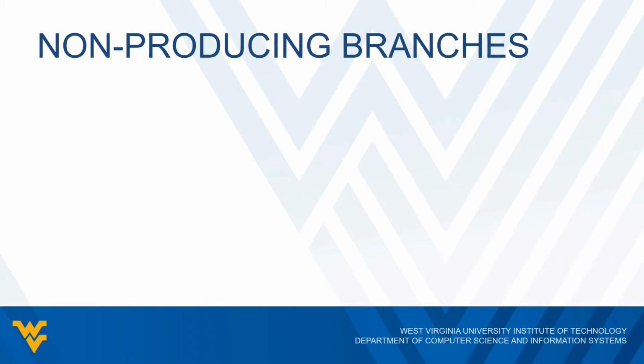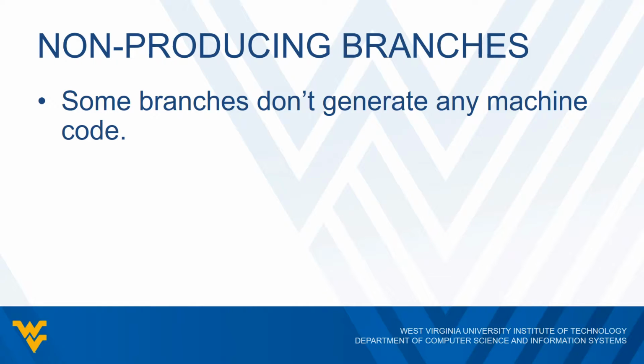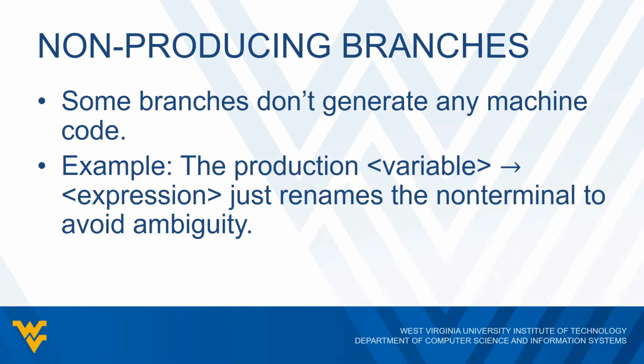Now, there are some branches that don't generate any machine code. For example, the production that transforms the non-terminal variable generated from y into the non-terminal expression doesn't generate code. This just renames a non-terminal to avoid the ambiguity problem that we've discussed before.